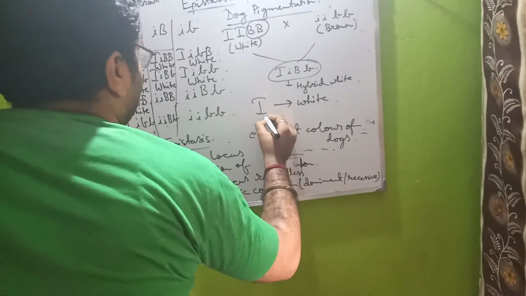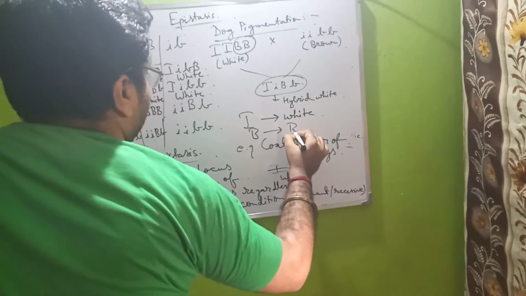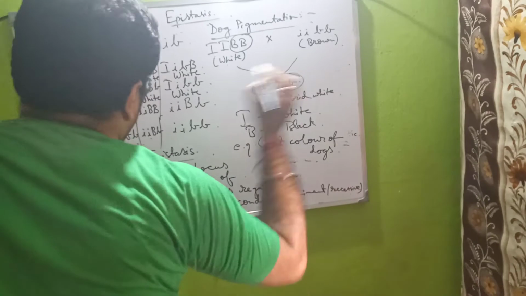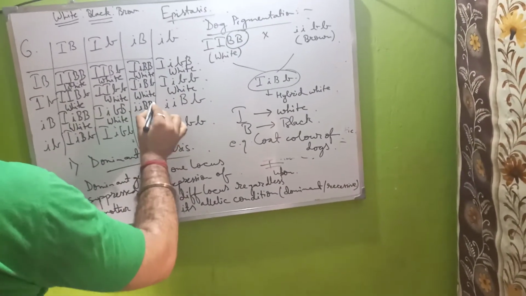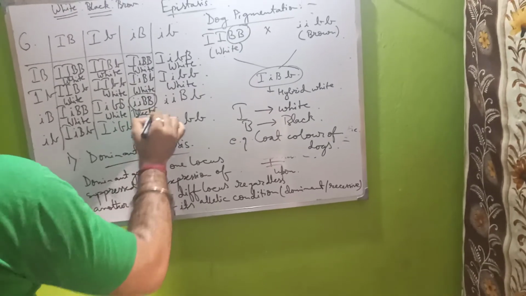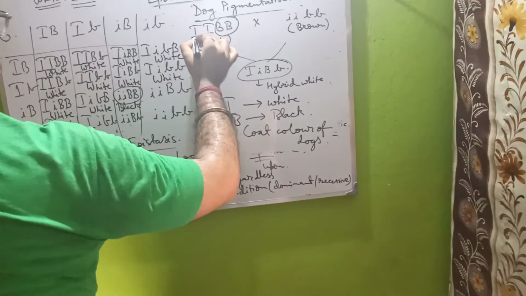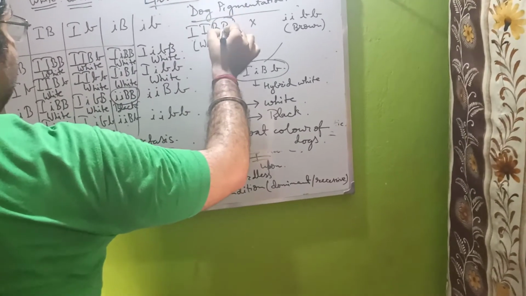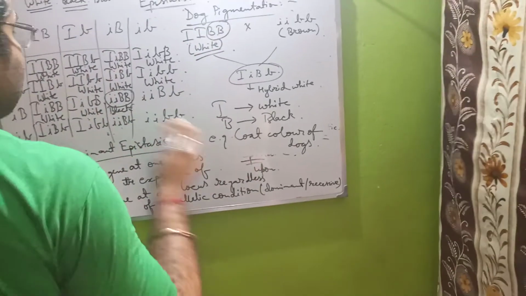So which one is going to express? Capital B. Remember, wherever capital B is present, it produces black color. So small i small i with capital B represents black, the next dominant color. When capital I is present, it does not allow this gene to express, so white is reflected.